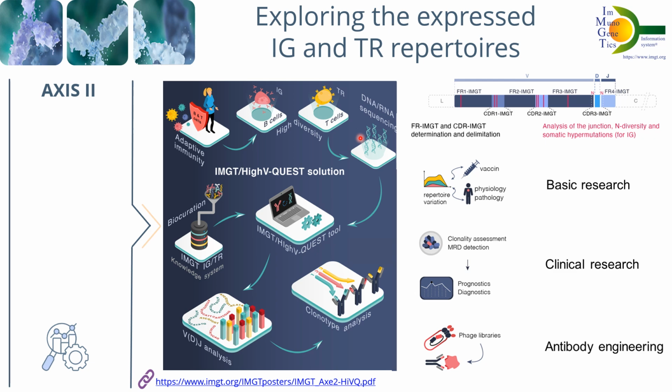This is most of the time work that is carried out before we come over to IMGT. IMGT provides software solutions, namely IMGT VQuest and its high throughput version, IMGT HighV-QUEST, in order to analyze these expressed sequences using the reference directories that we described in the first axis.